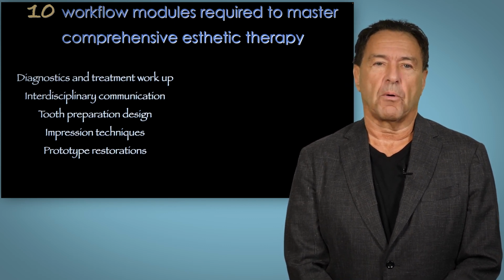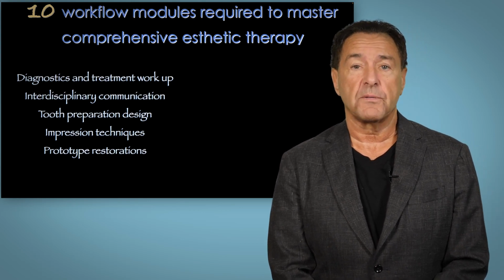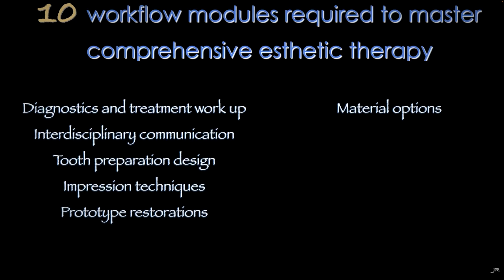So once we've gone through those 5 steps, from doing the diagnostic workup, the interdisciplinary communication, followed by actually preparing teeth and impressing them, and then creating the prototypes, we now have to figure out what materials we need, okay? So that's a module our minds have to go through. Following that, we have to communicate with our laboratories. We have to let them know the type of materials we'd like, what type of restorations we need, whether it be onlays, veneers, inlays.